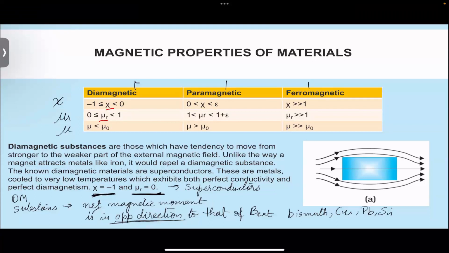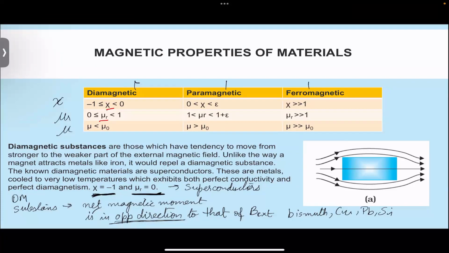Usually for a diamagnetic substance, when it is placed in a non-uniform magnetic field, say a bar magnet, it will try to move from high to low field.